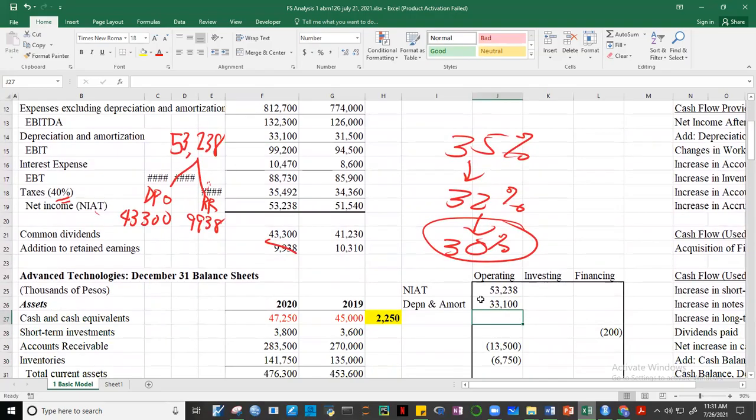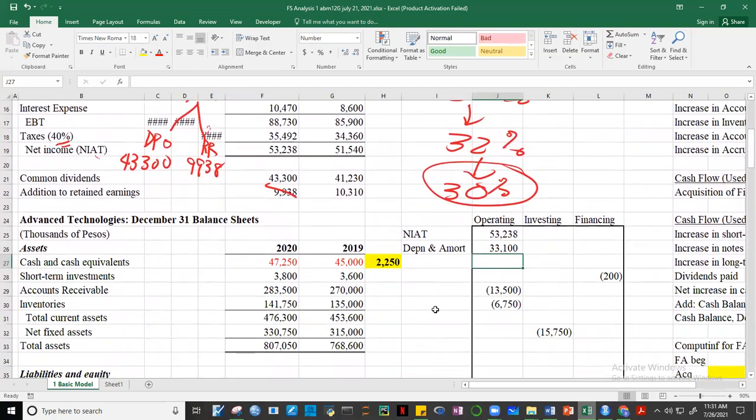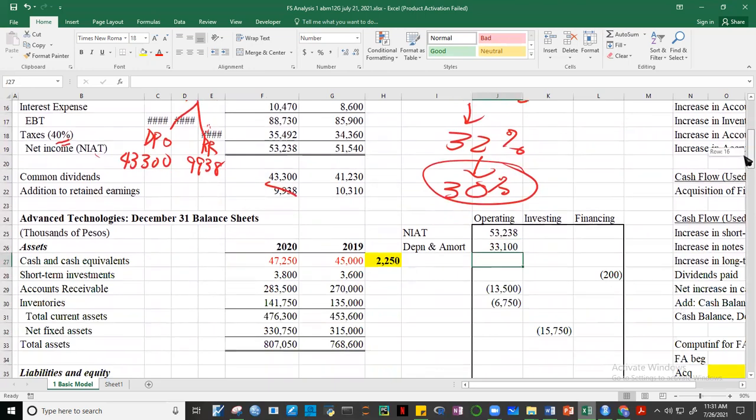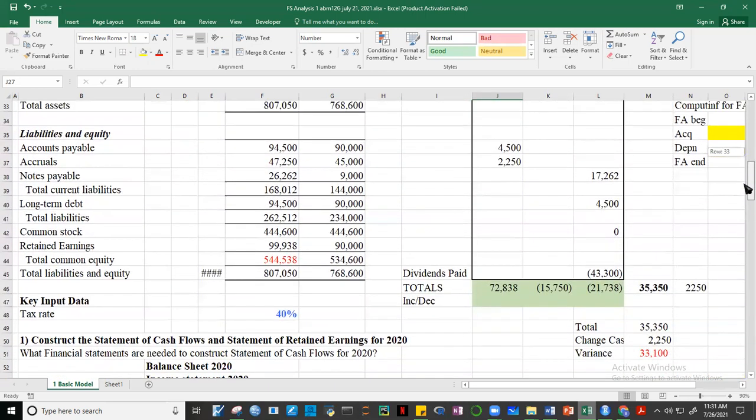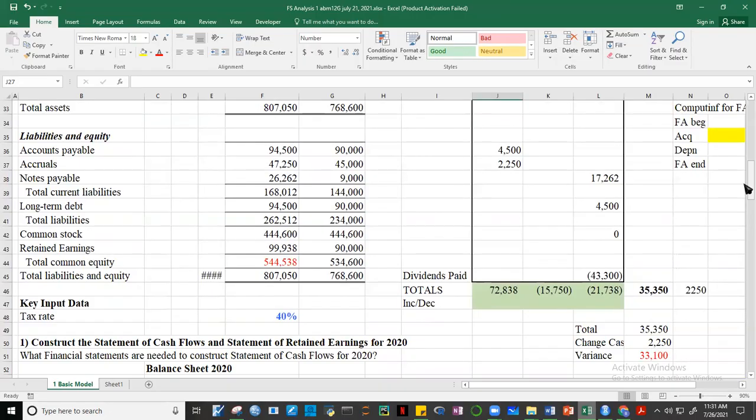Yun na. Okay, so i-check natin. Mukhang okay na naman itong short-term investment, AR, etc. Okay. So, ano nangyari, guys? What happened? We're back to square one. It doesn't tally again, 35,350 when it should be 2250, no?